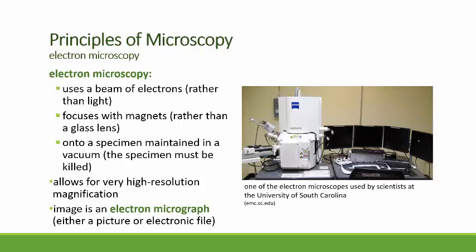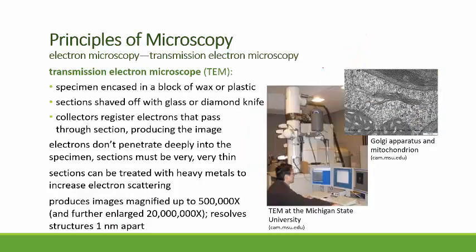What we produce from electron microscopy is referred to as an electron micrograph. That's the image, and it's either an electronic file or you can print it out as a picture. And here is an example of an electron microscope that's currently being used at the University of South Carolina as part of the tools that the biologists there use.